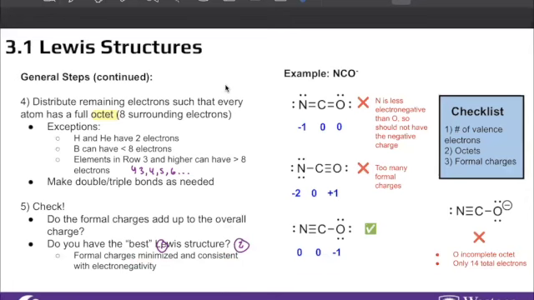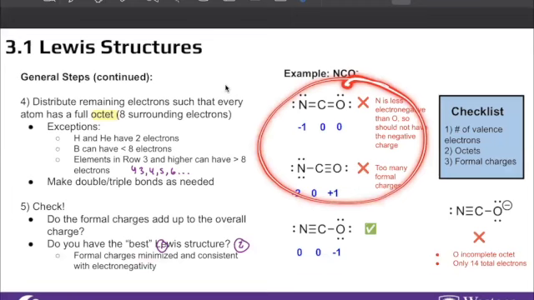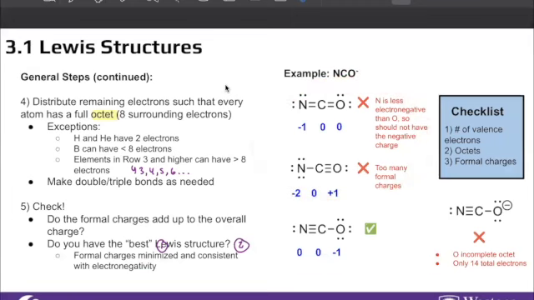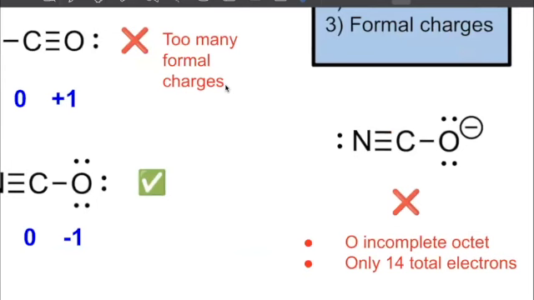We already went through the examples with the formal charges, but I just want to give an example here of a structure that is wrong because of its number of valence electrons and its octet. If we count the number of electrons we have here, we have 2, 4, 6, 8 in the bonds, and then 9, 10, 11, 12, 13, 14 in total.